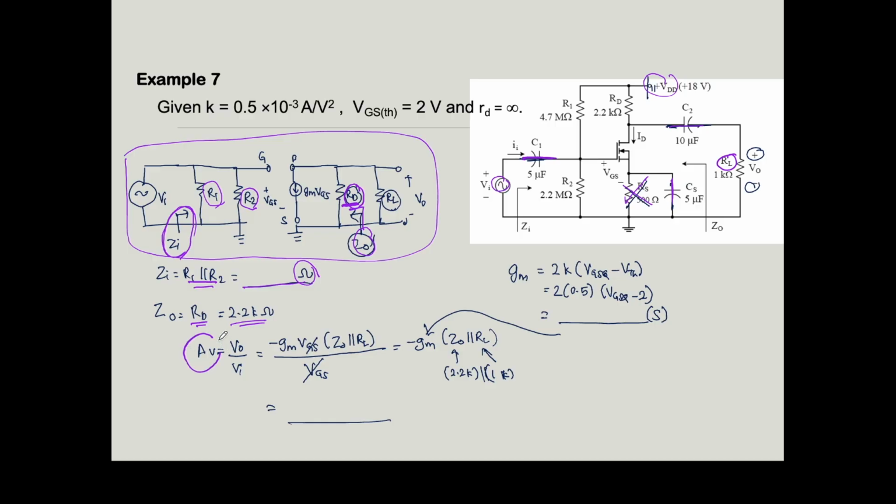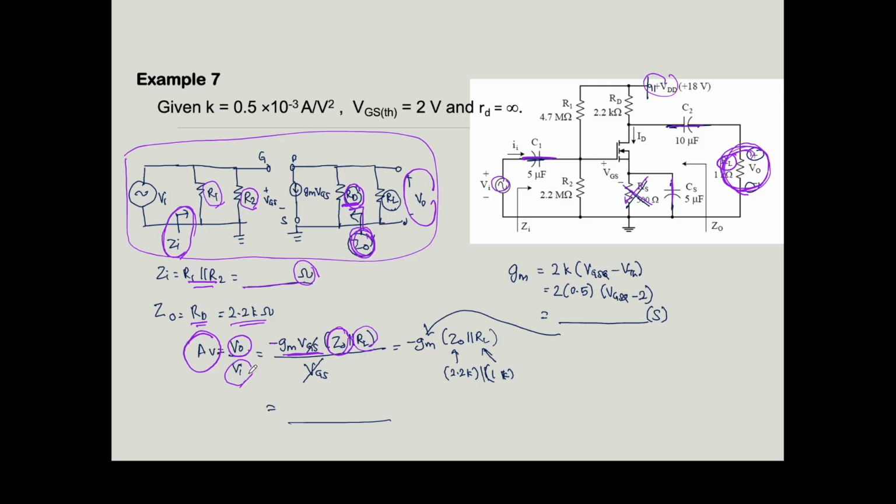Next, you need to find the voltage gain. Voltage gain is always output divided by input. The output is negative gm VGS. Now you have to take your RL resistor into consideration as well, and RL is parallel to your output impedance, so Z out parallel with RL.